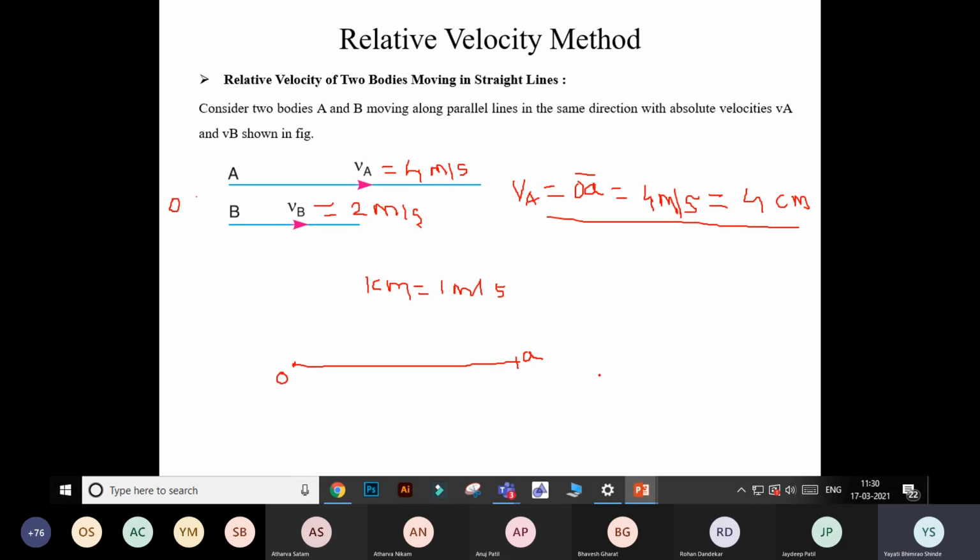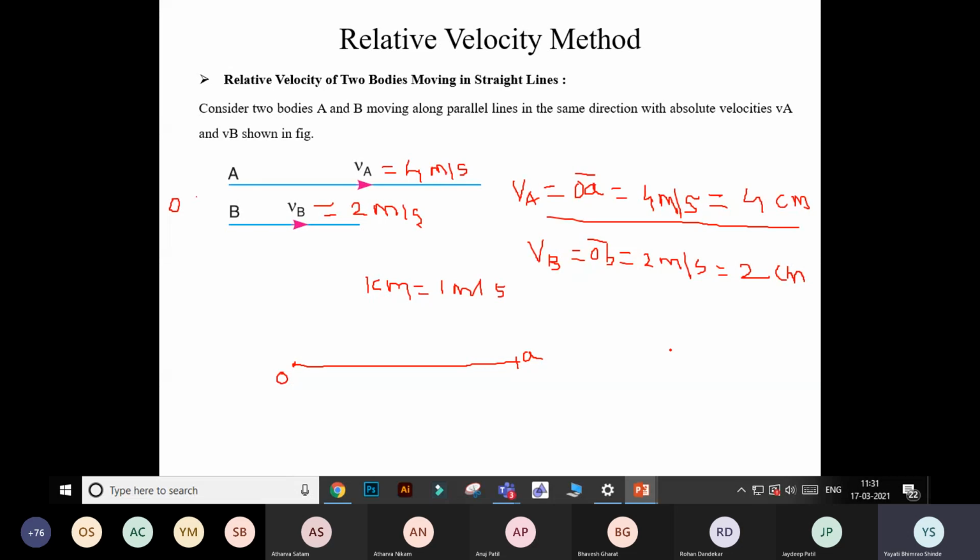Now the next velocity you have to represent is velocity B, equal to vector OB. Its magnitude is given as 2 meter per second, which is 2 centimeter. In terms of centimeter, you have to draw vector OB of 2 centimeter.